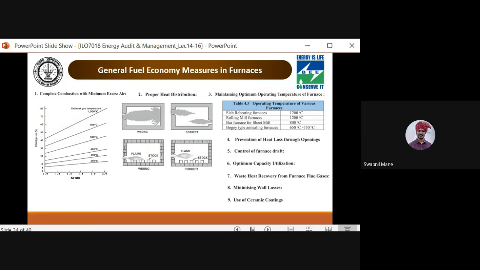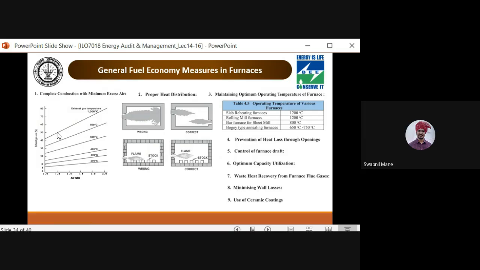Okay, so here you see the complete combustion with minimum excess air. If we plot the exhaust gas loss versus the air ratio, you see that as the exhaust gas temperature increases, the air ratio required is lesser.